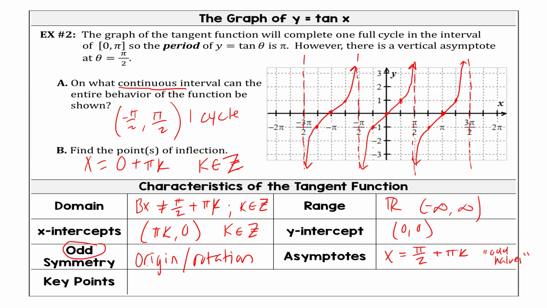Now, looking at tangent, we're going to have asymptote, followed by a low point, followed by an intercept, followed by my high point, followed by an asymptote. Asymptote, low, intercept, high, asymptote. Do we see it?